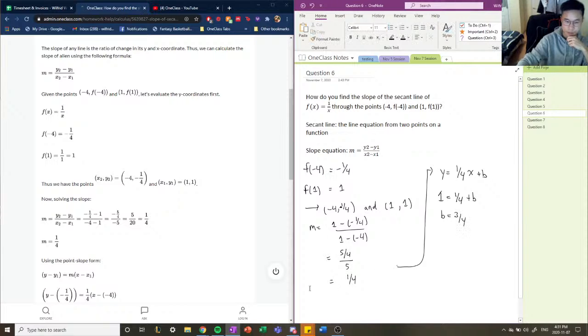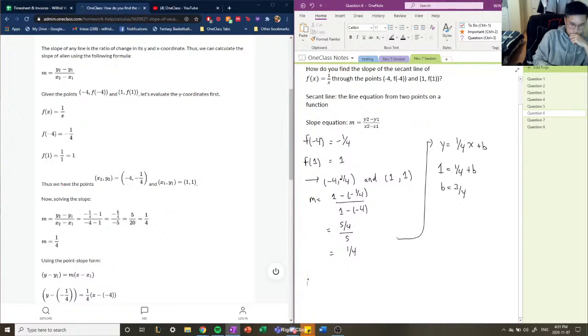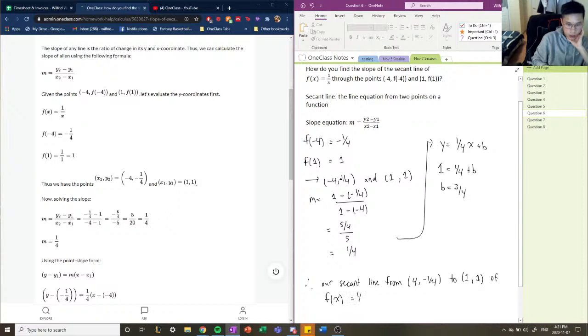So finally, therefore, our secant line of f of x from negative 4 to 1 is y equals 1 over 4x plus 3 over 4.